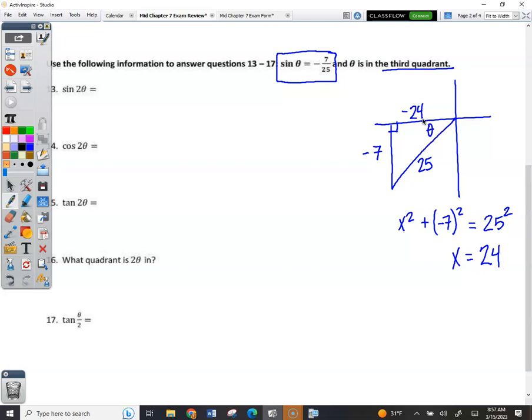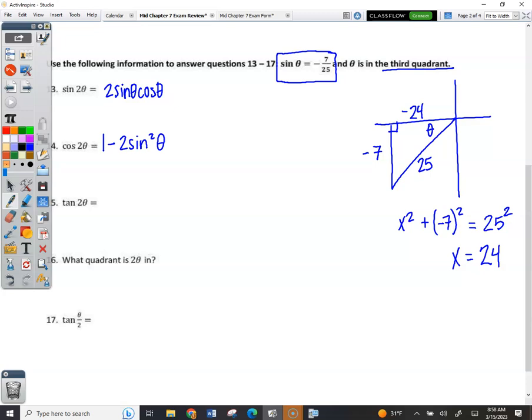So the sine formula is 2 sine theta cosine theta, and you just plug in sine theta and cosine theta from the picture. The cosine formula that I used was 1 minus 2 sine squared theta. The reason I use this one, let me show you. Here's a think smarter, not harder tip. Cosine has 3 possible formulas.